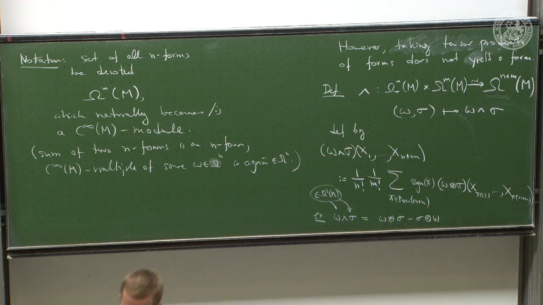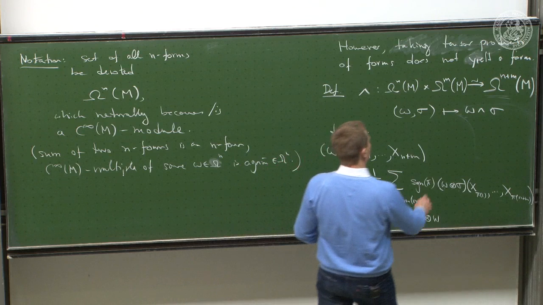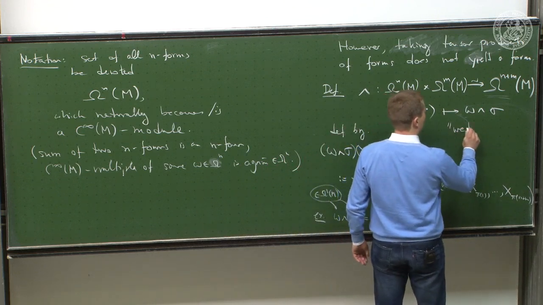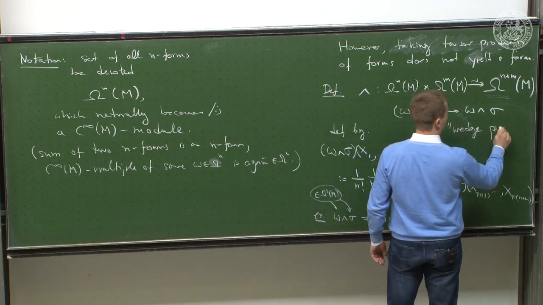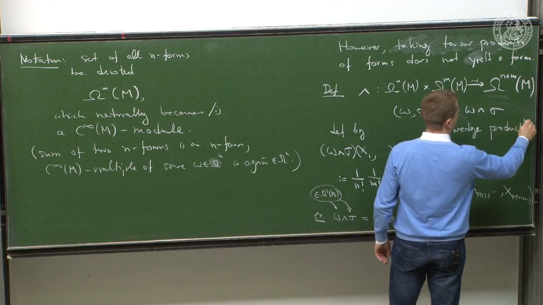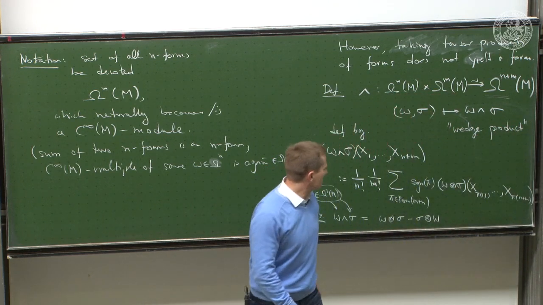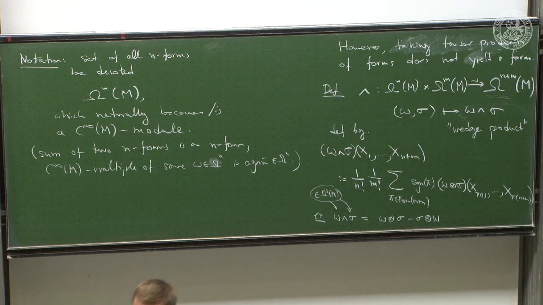There's no doubt about that. So we have this wedge product, a so-called wedge product, or exterior product. Some people call it the exterior product.